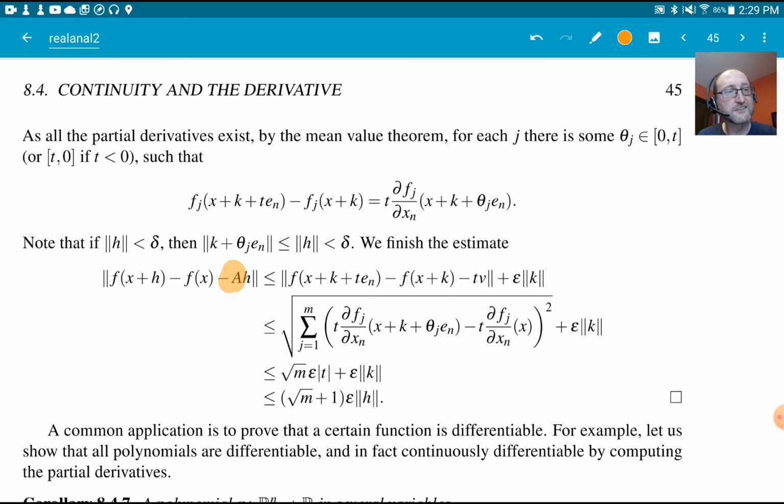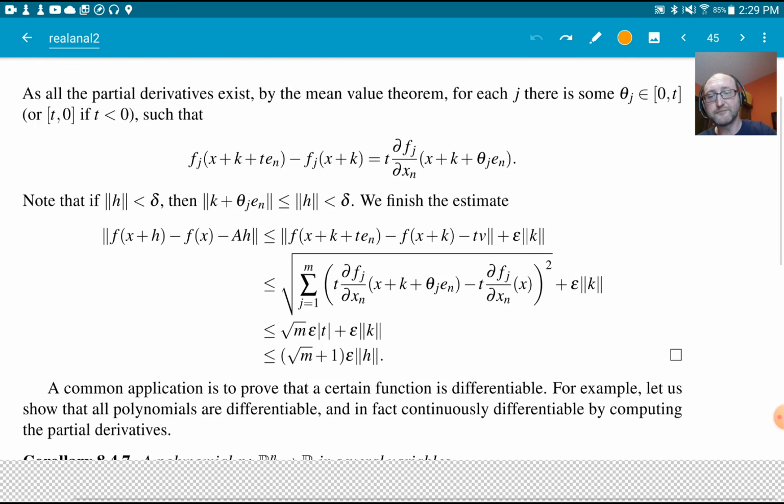Once we have that the function is differentiable at x, and x was arbitrary, I know that the derivative is the matrix of partial derivatives, and we actually have just proved that too. And then we know that that matrix has continuous components, and therefore f prime is continuous, because the components of that mapping, as a mapping into the set of matrices, are continuous.